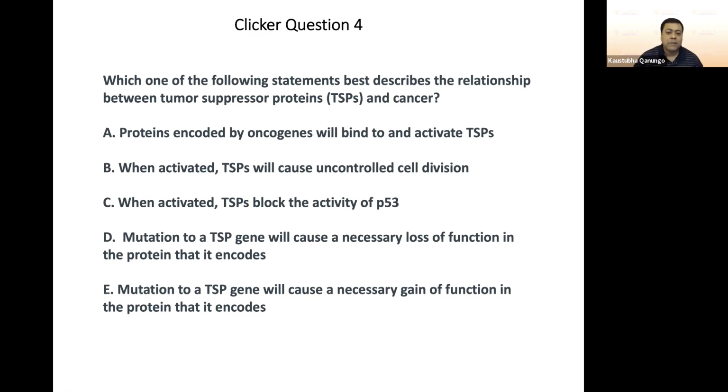It is the same thing. That's probably where you got confused. Necessary loss of function or loss of function is the same, and necessary gain of function and gain of function are the same thing.